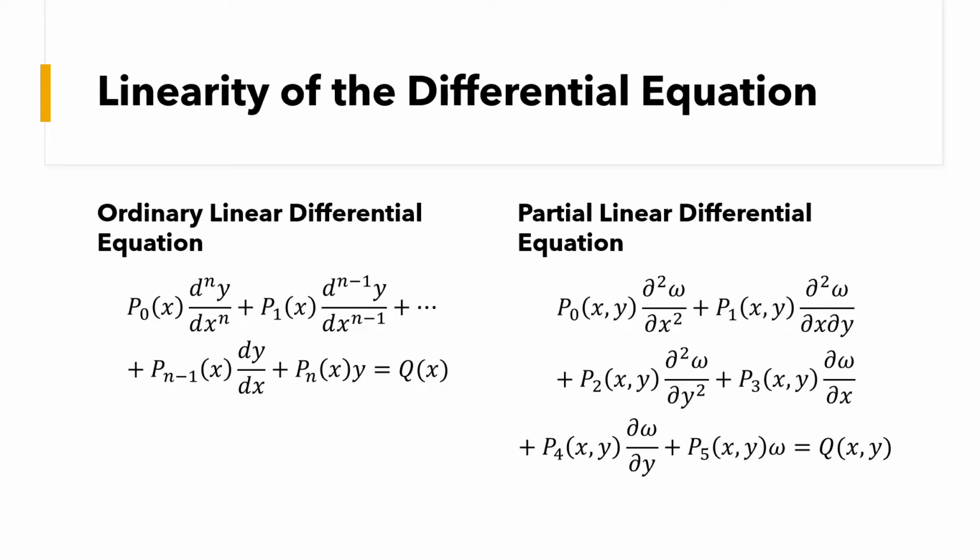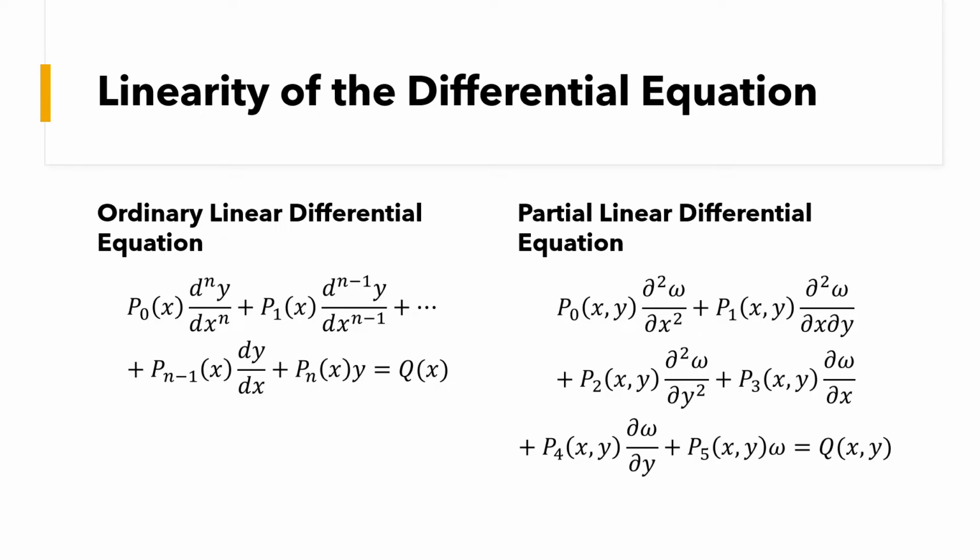So let's dissect. We have our functions p sub 0 of x, p sub 1 of x. Those are just regular functions whose variable is x. Then q of x is another function of x.